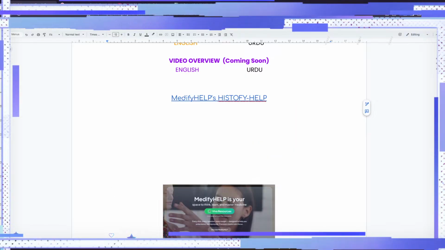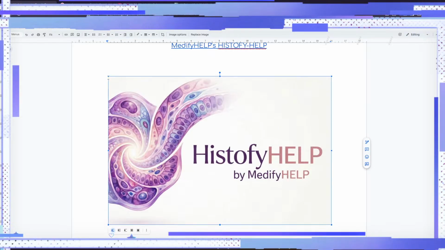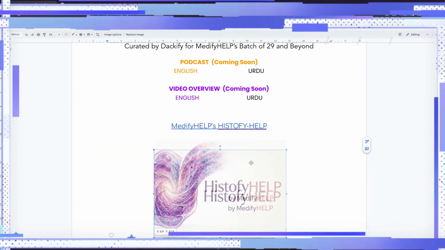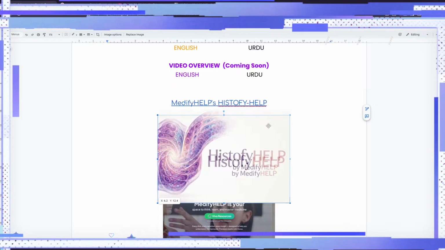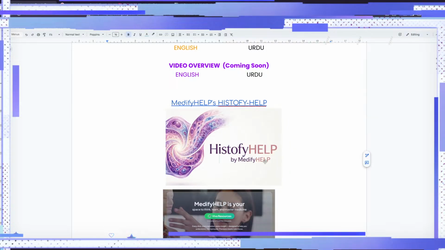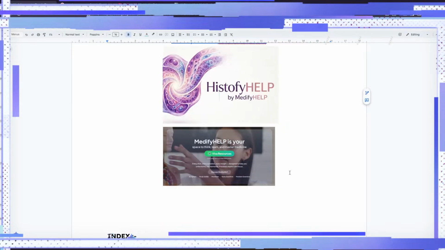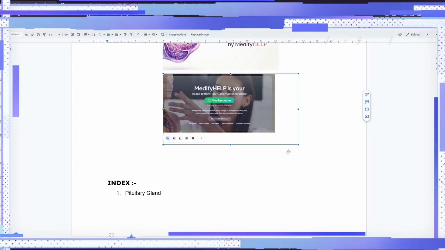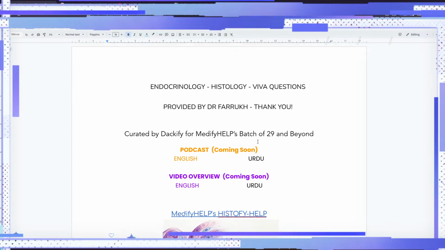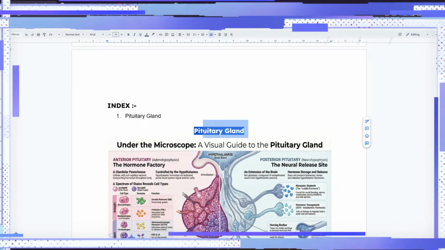This should come here. Oh, okay. Yeah, I have to make it like that. Okay. This is it. So pituitary gland को हम bookmark लगा देते हैं.